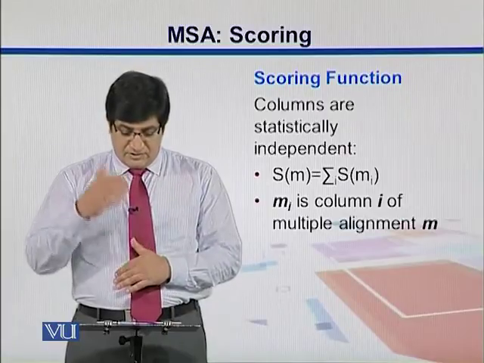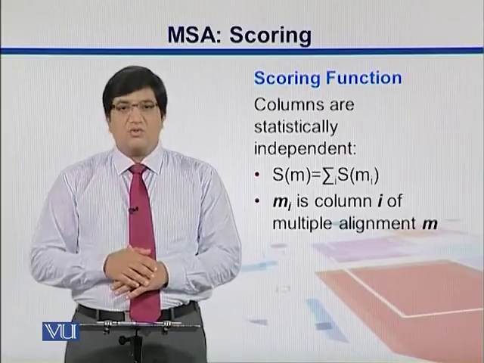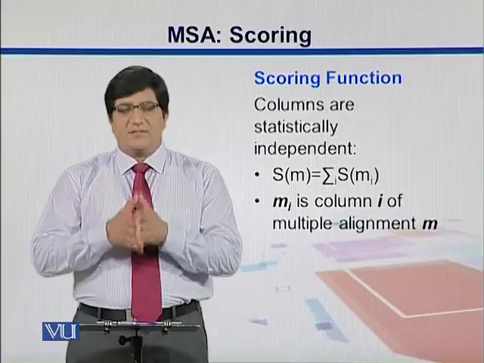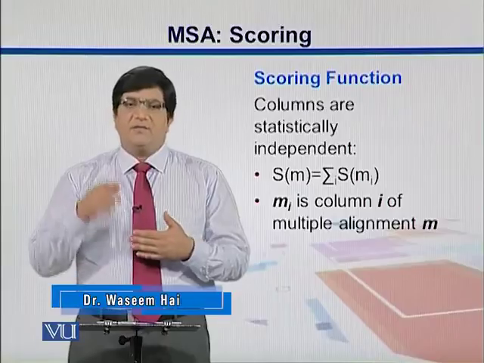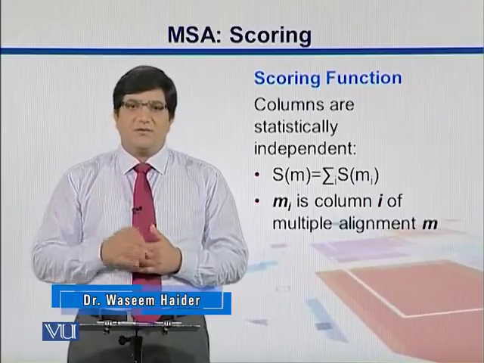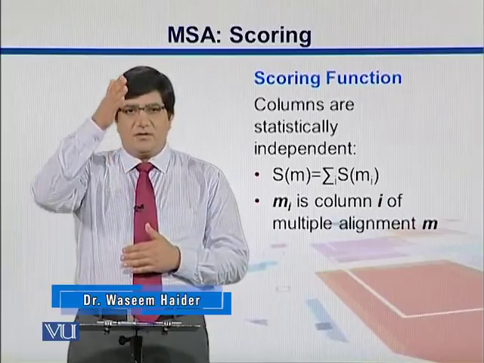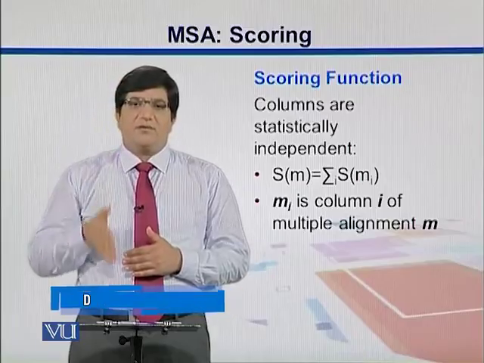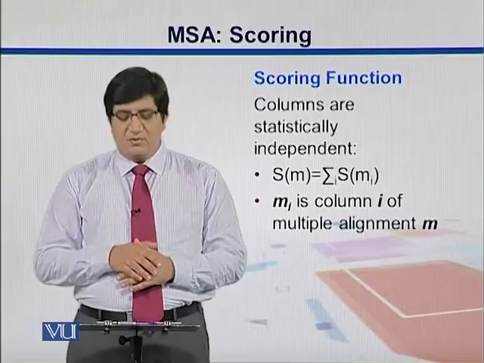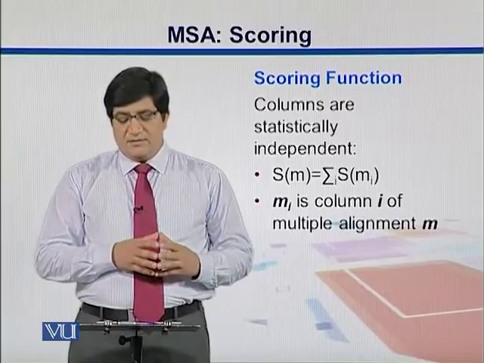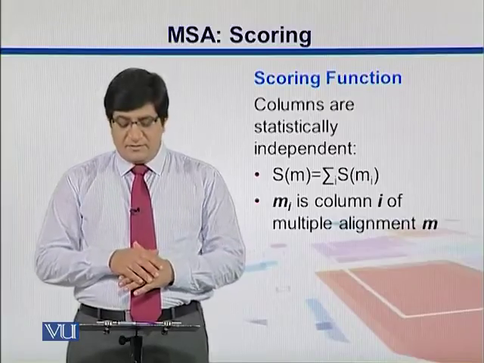While we are doing these scores, we take those individual positions as columns. We do those multiple sequence alignments, and then we look into each nucleotide position as a column, in which different nucleotides, top to bottom, coming from different sequences, are put together. We assume that these columns are statistically independent.